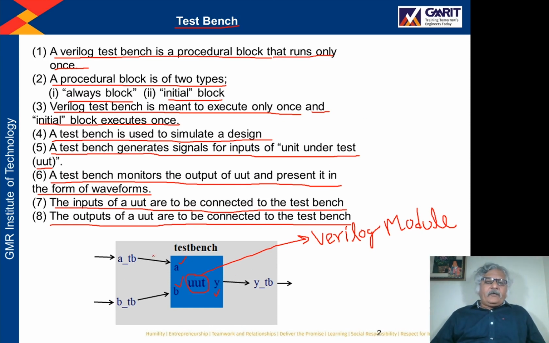But here in the test bench, what will be done? Let us assume this is my Verilog code which has to be simulated. Now I will write one test bench. Let us assume this is A underscore TB.